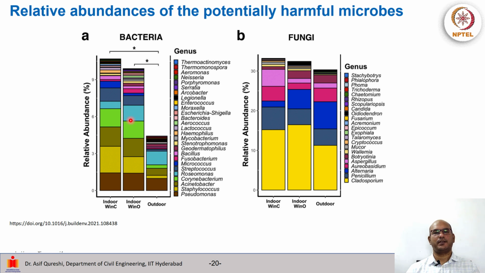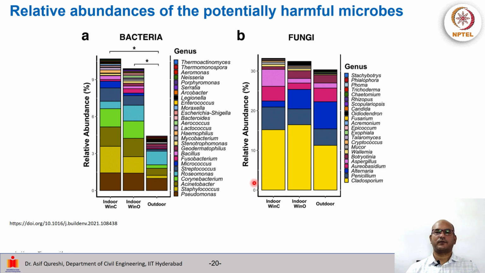These appear to be the major bacteria. But if we see the list, a lot of bacteria have been identified which are present in very different amounts in different locations.